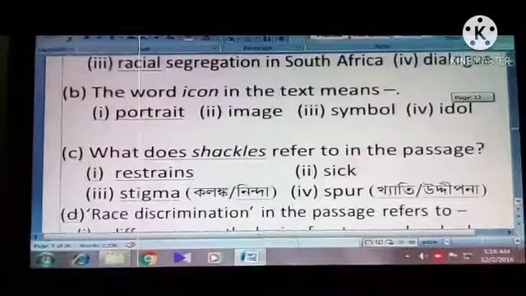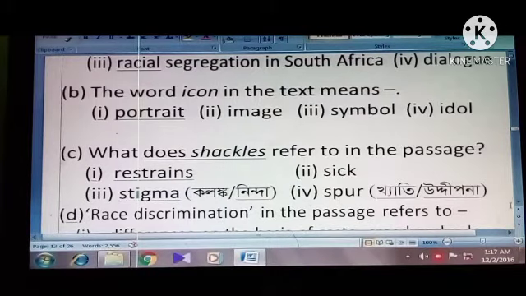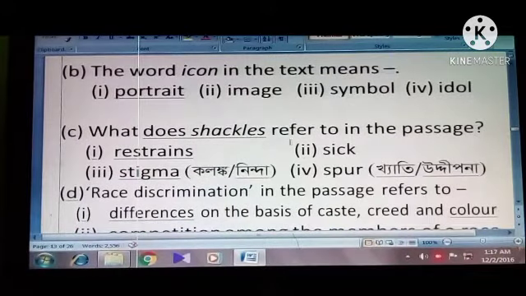Now question number C. What does shackles refer to in the passage? Number 1, restraints, number 2, sick, number 3, stigma, number 4, spar. Here shackles refer to restraints. The correct answer is restraints.